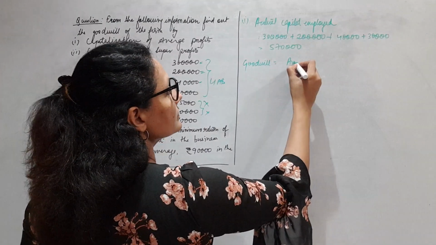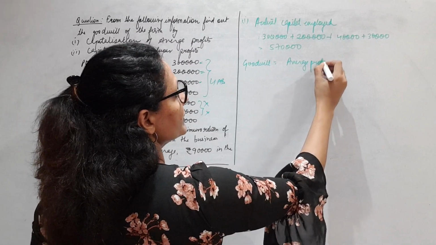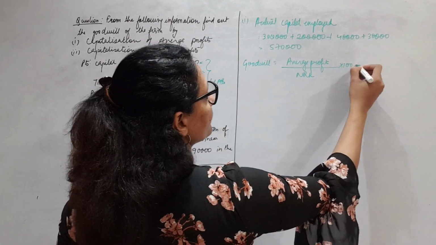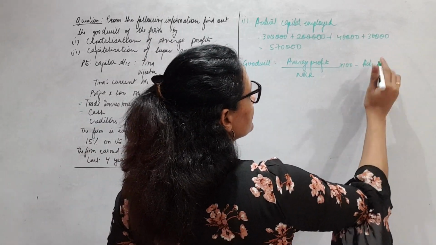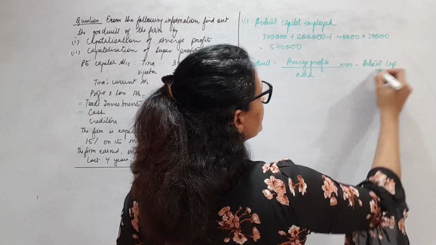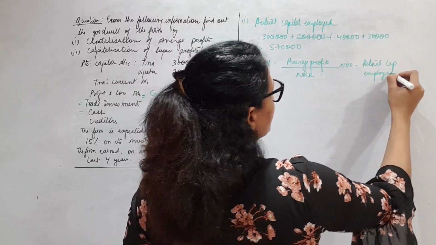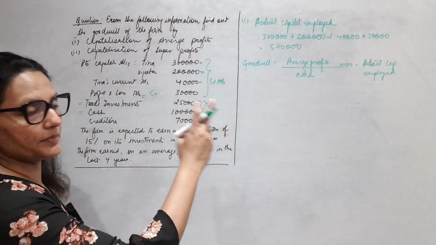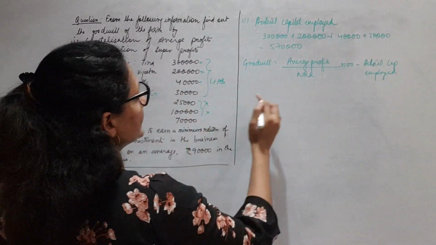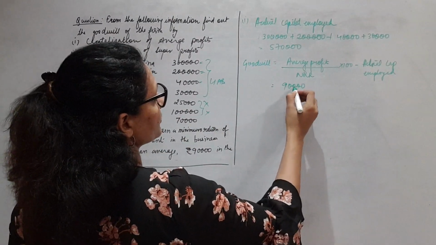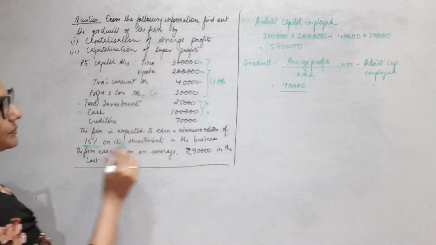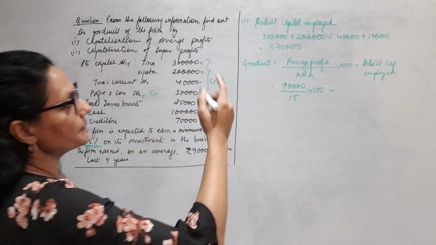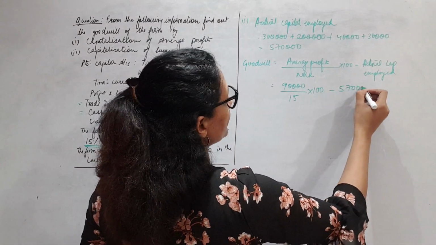Goodwill is equal to average profits. You should always write the formula before finding out the value. This is the formula. Average profit by NRR into 100. This is the capitalized value of average profit. So 90,000 is my average profit. Normal rate of return is 15%, minus actual capital employed 5,70,000.